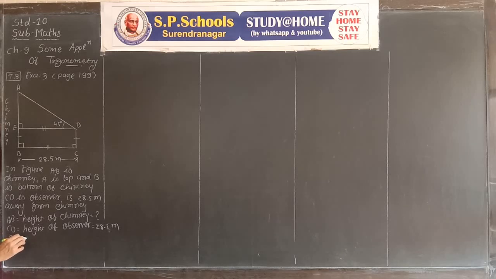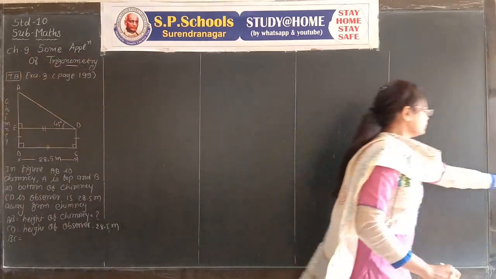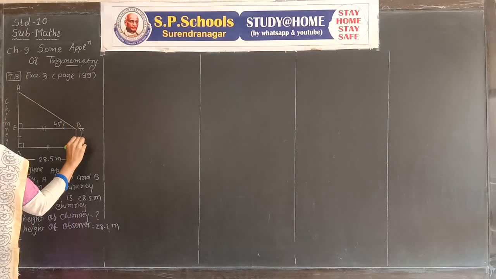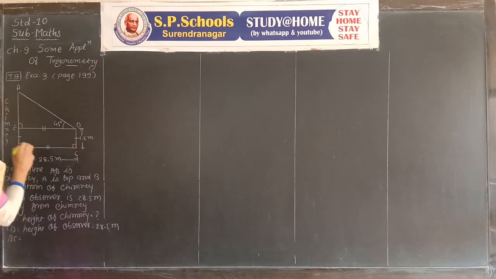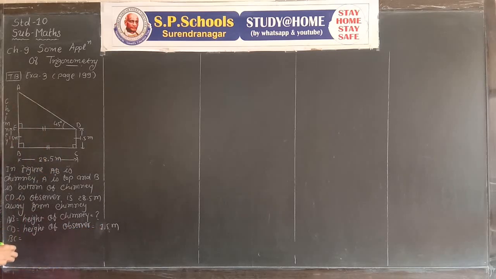The observer is 1.5 meter tall, so that BE is also 1.5 meter. BC is 28.5 meter. Height of chimney which is required is AB.